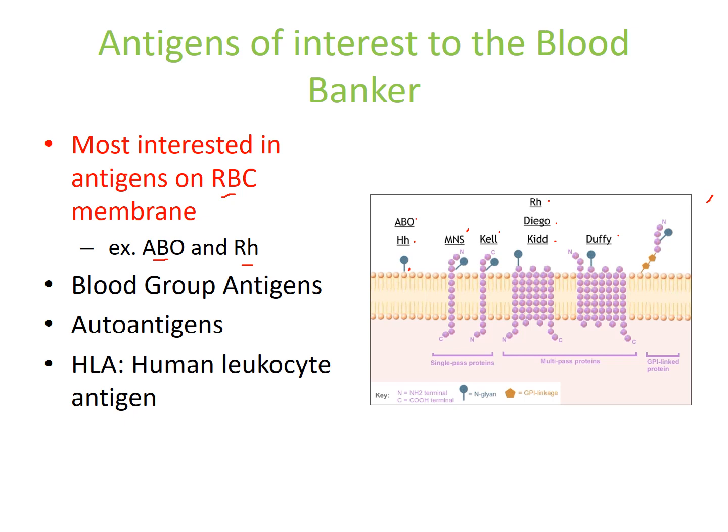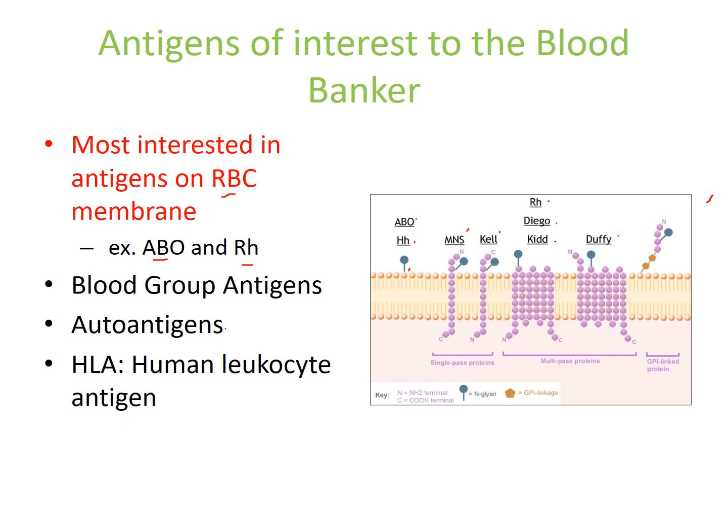Now, autoantigens are another thing that we do have to worry about in the blood bank. Remember that your immune system's not supposed to respond to antigens that you already own. However, there are some mistakes that the immune system can make, generating antibodies against self-antigens in two kinds of situations. One is where it actually is a real mistake: you have a B cell that's able to recognize some epitope that's present on one of your personal cells.